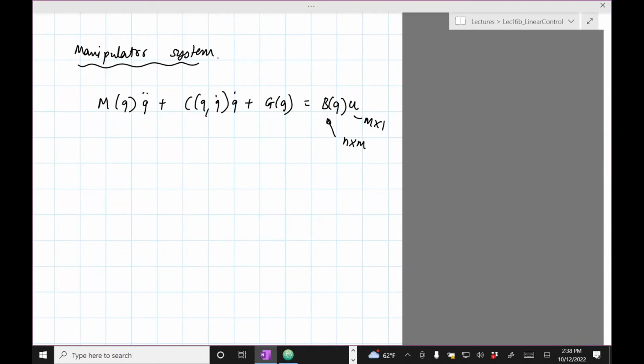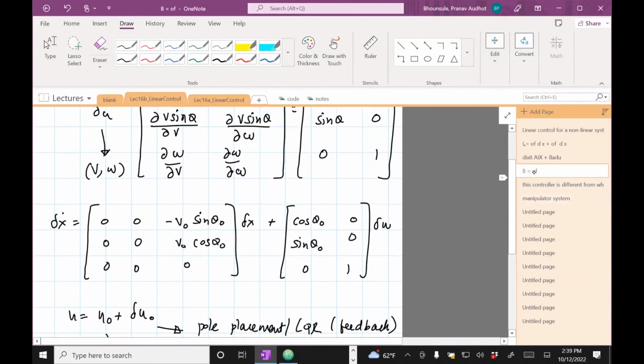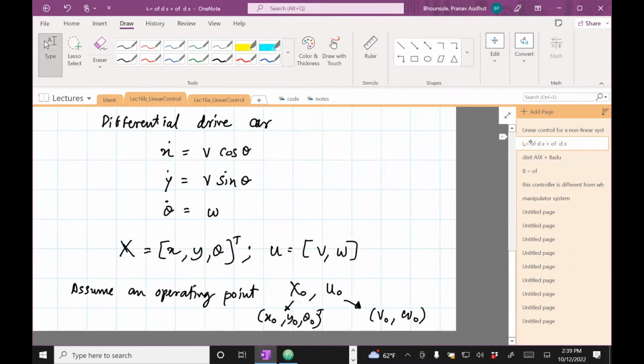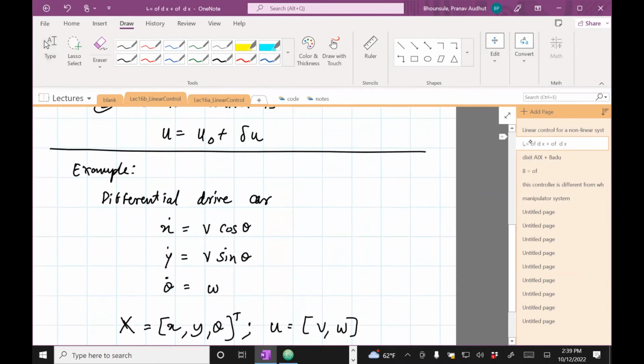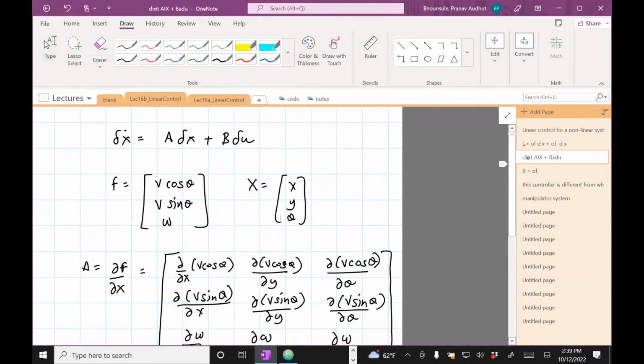But I'm writing it as B of q because after this, we'll see a bicopter, a quadcopter in 2D space, which has only 2 motors. In that case, you will have B as a function of q, a function of state. In fact, the differential wheel is an example of a system which has that dependence. If you look at this system, you see this f.